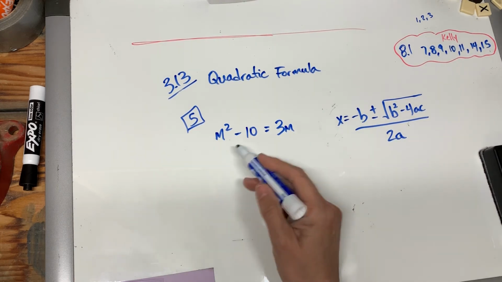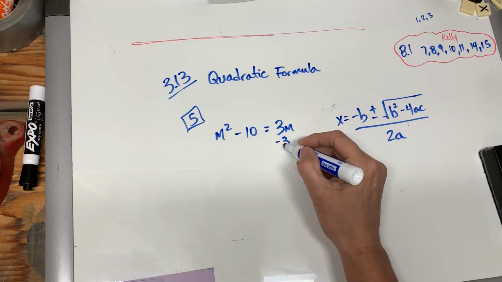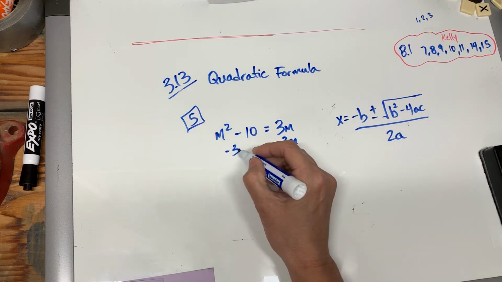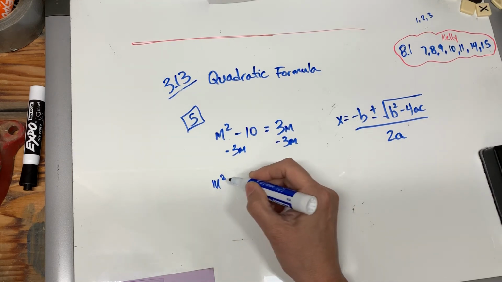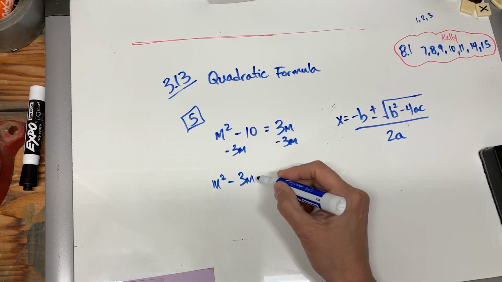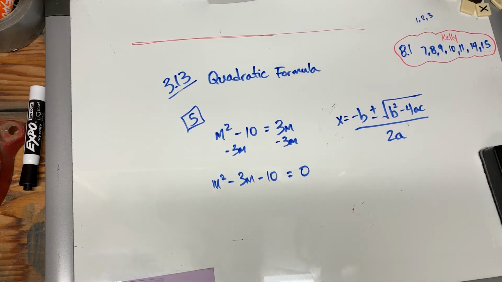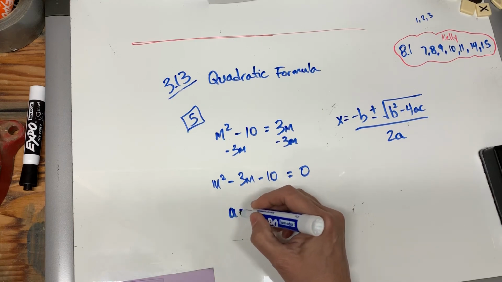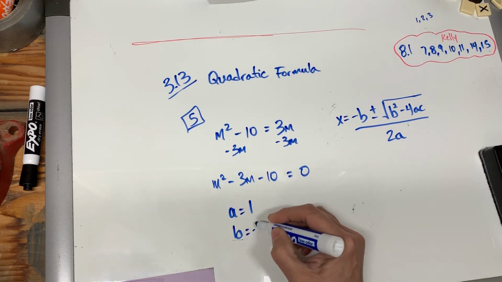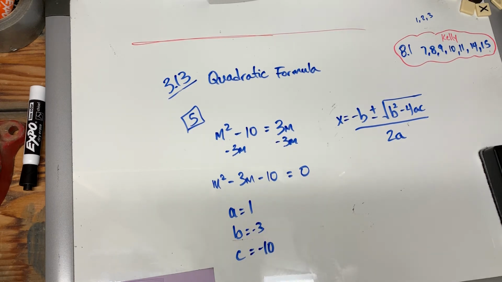But notice I don't have everything on one side with 0 on the other, so I'm going to move this 3m. Now it's not like any of those other terms, but I'm going to put it in the middle because that makes it the descending order that we're used to. And now I can identify that my A is 1, my B is -3, and my C is -10.